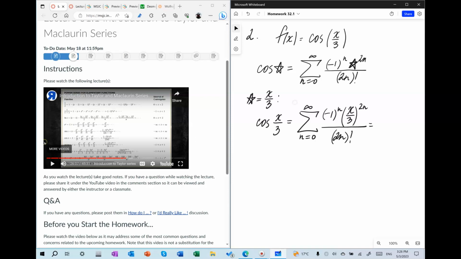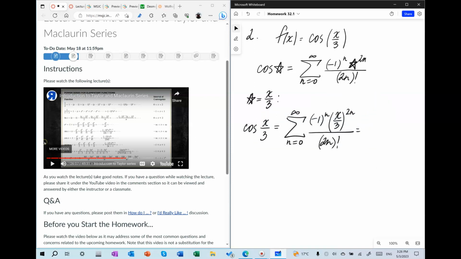And it can be simplified, so I have -1 to the power n, x to the power 2n, over 3 to the power 2n, 2n factorial.